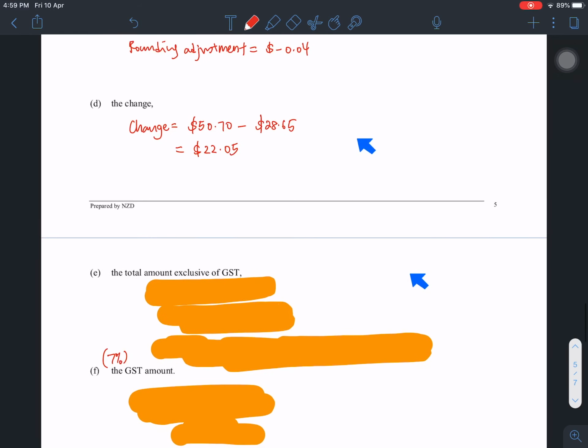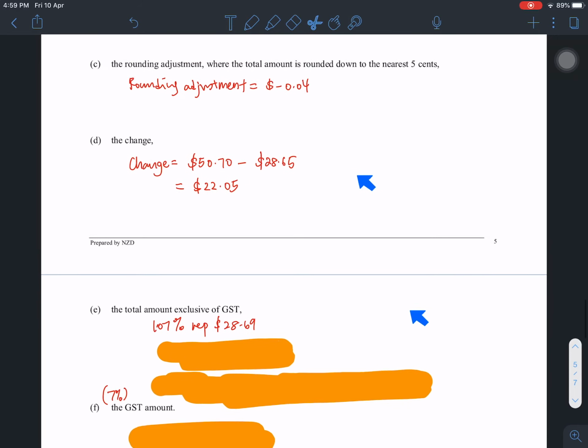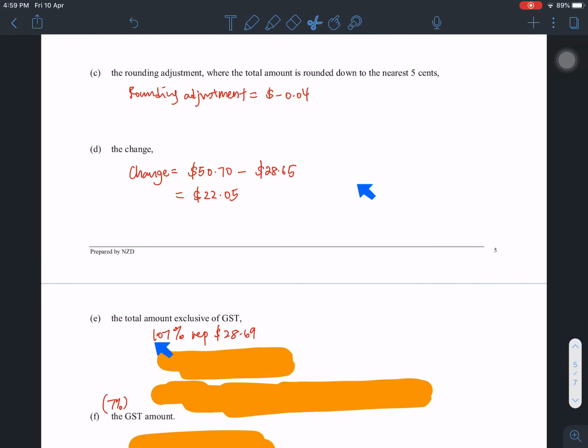So what are we dealing with? We would say that the prices inclusive of GST would be 107%, and it represents the subtotal amount. So let's find out how much 1% represents. It represents 28.69 divided by 107.